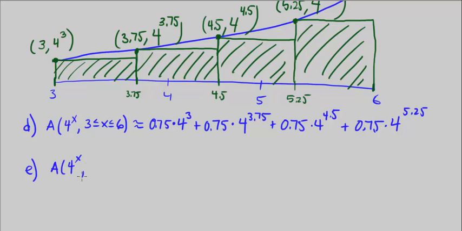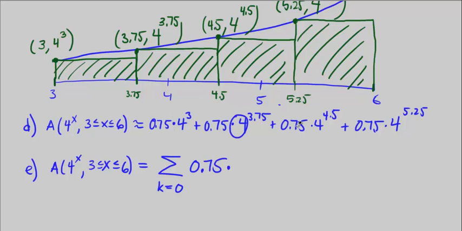This should be to the x power, right? So that's going to equal some sigma notation. We're going to start with k equal to 0 because that's what the problem asks us to do. And what is the pattern we see in this series? What stays the same is 0.75, so that stays here.